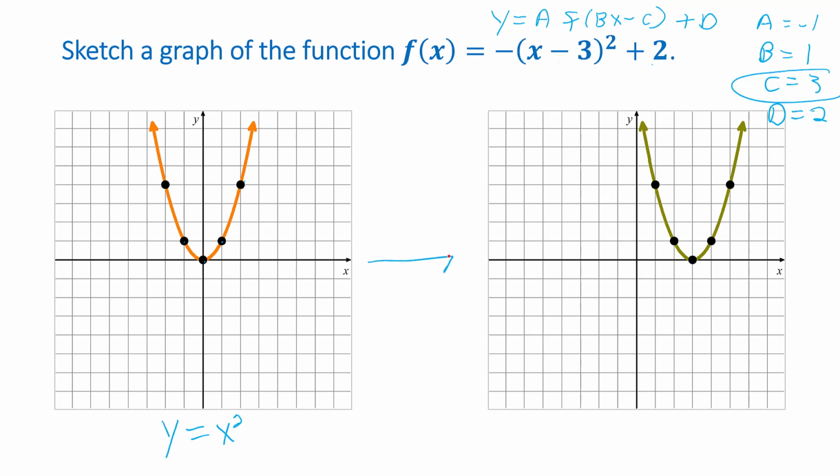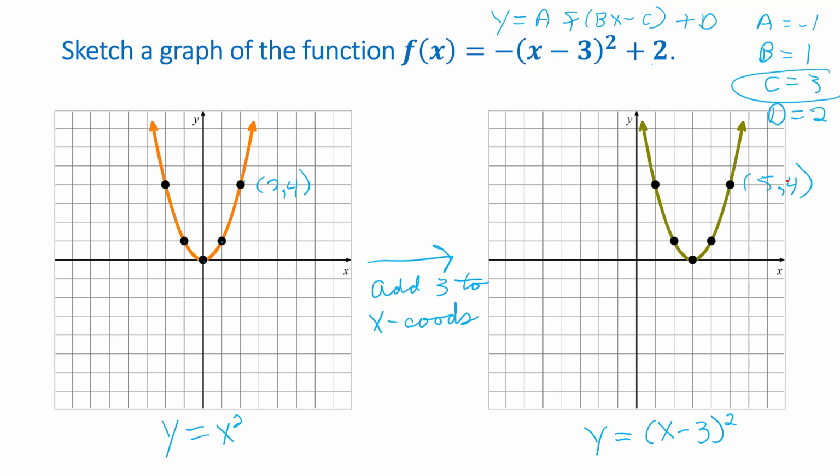So if we add 3 to the x-coordinates, we obtain this green graph over here. This would actually be the graph y equals (x - 3)^2. Let's just look at one point here. The point maybe (2, 4). If I added 3 to the x-coordinate on that graph, we would have the point (5, 4).